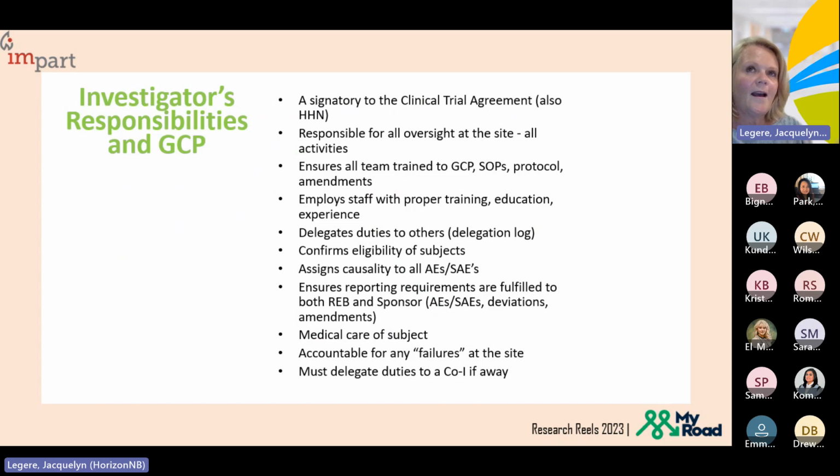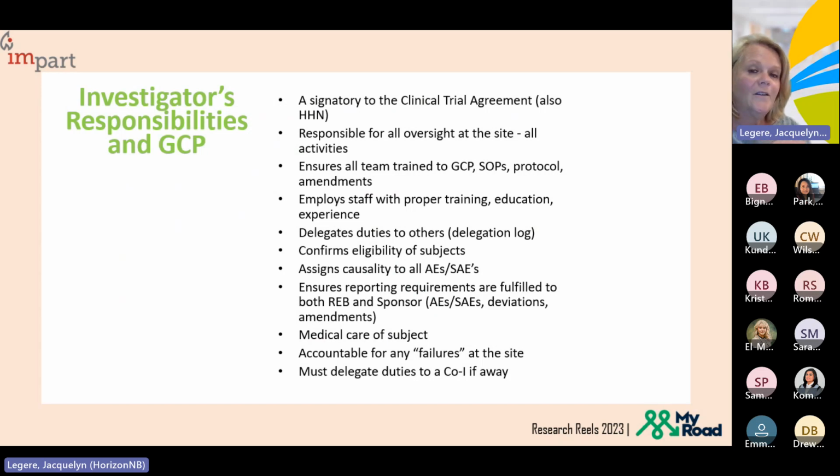Health Canada will look at qualifications of clinical research nurses. We've had multiple Health Canada inspections at Horizon, and one of the questions was they had a nurse clinician who was doing physical assessments.